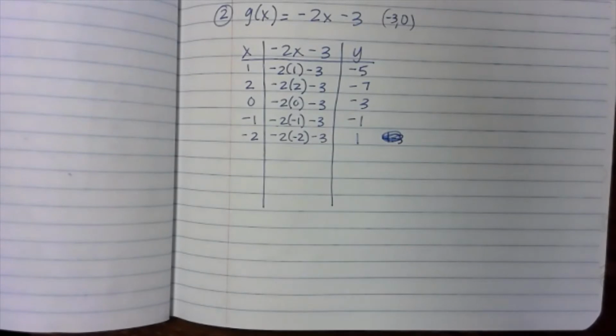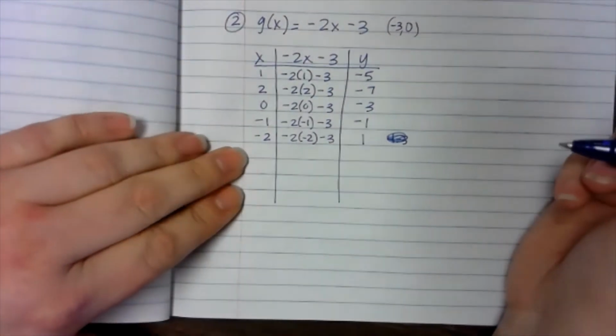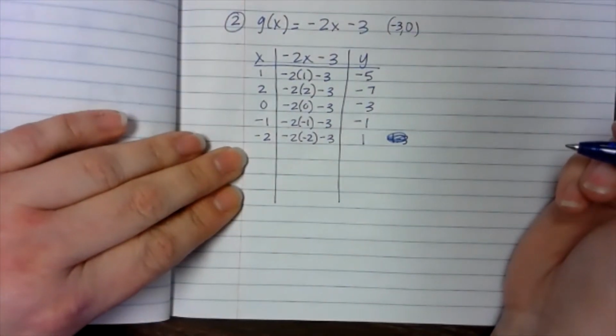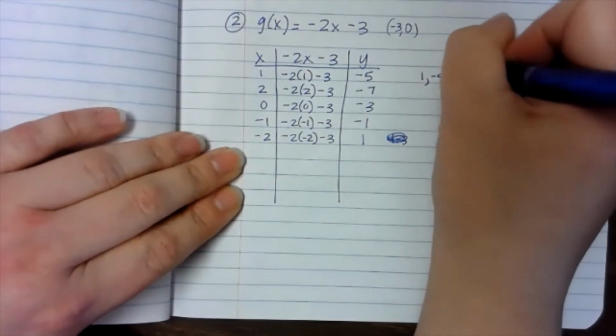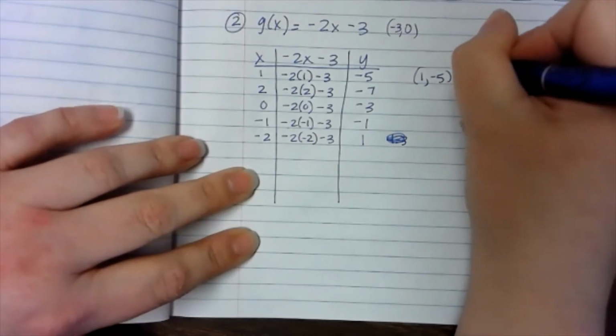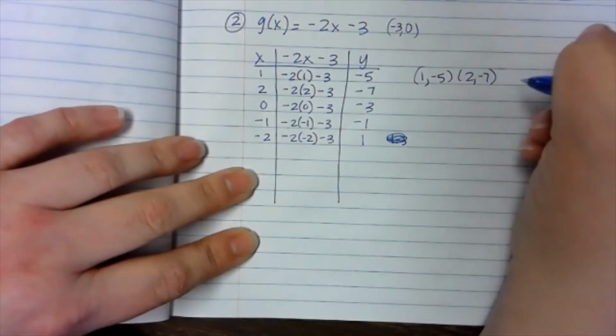Okay, so at this point, let's get some ordered pairs. And 1, -5, 2, -7, 3, so here's my ordered pairs.